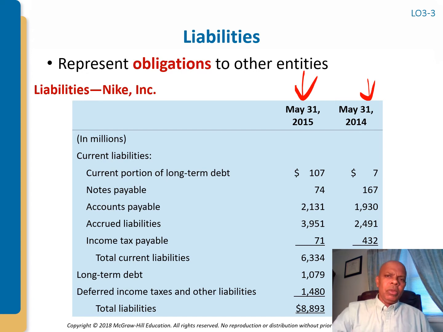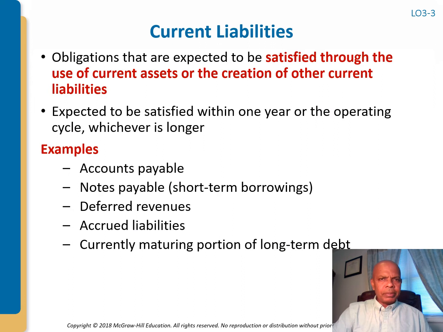Okay, you have all these items, the current liabilities, the current portion of long-term debt. I think we went through that already. Notes payable, accounts payable, accrued liabilities, and all that stuff. I'm not going to spend too much time on it. Let's look at the current liability part here. Again, the same thing, they're repeating: the obligations that are expected to be satisfied through the use of current assets or creation of other current liabilities.